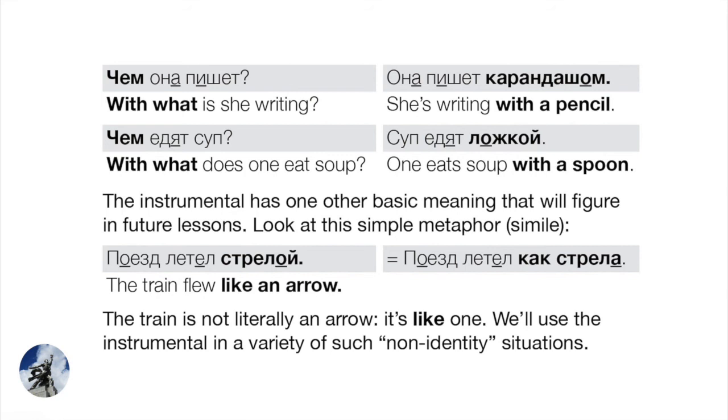And so the best way to put this for future reference is we have a non-identity situation, right? So again, in this book, when I say we have an identity statement, it's basically something like A equals B, right? A is B. Like something like he is a student, right? Now, as we've seen already in those identity statements, we would use the nominative case for the predicate noun, like he, subject, is, linking verb, student, right? Now, we're going to use the instrumental whenever we have something less than identity, right?